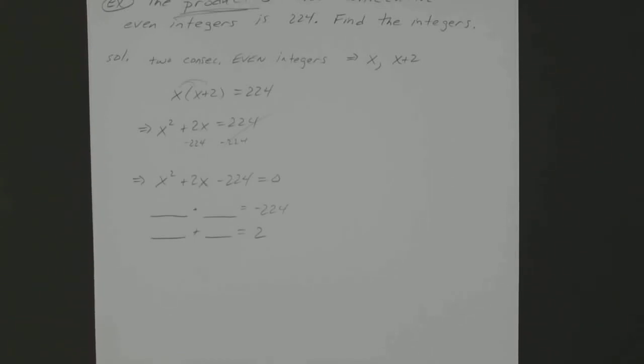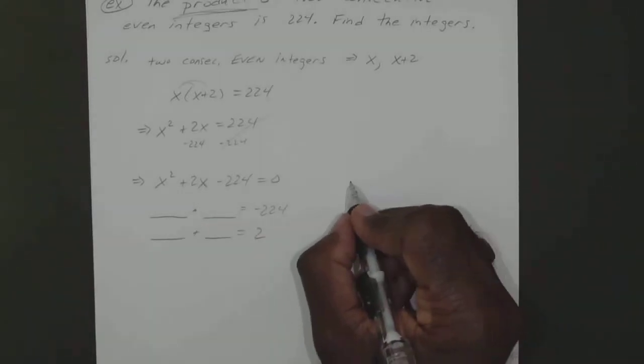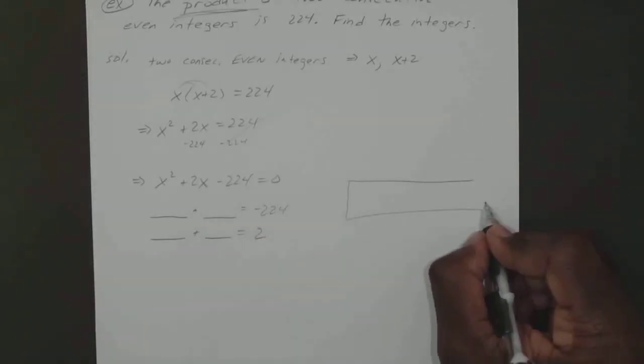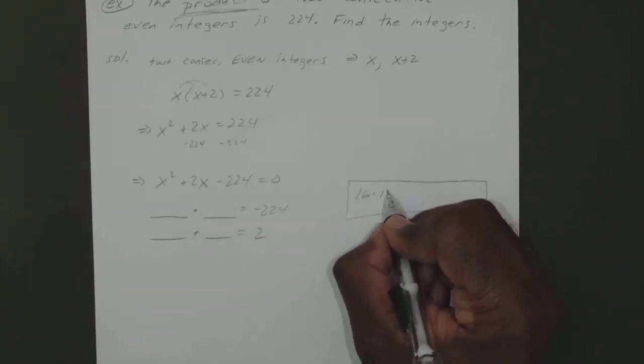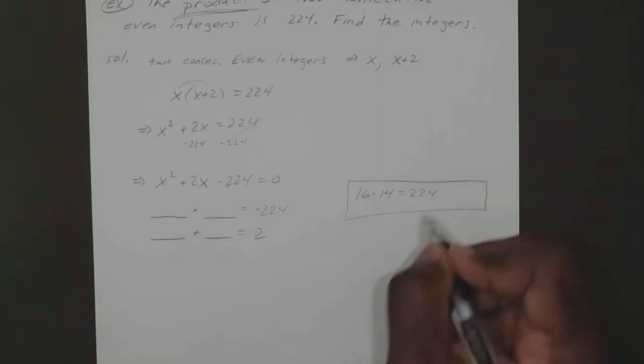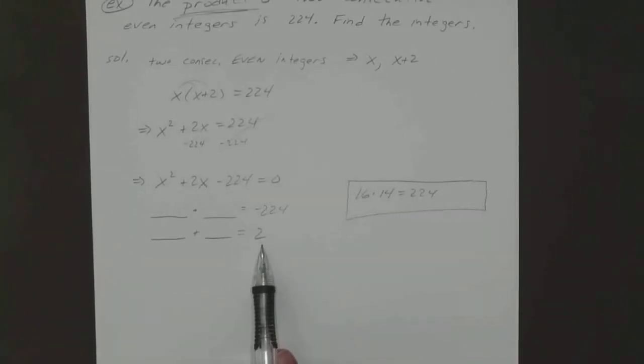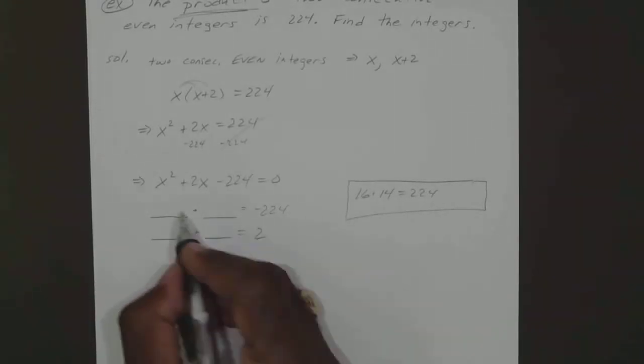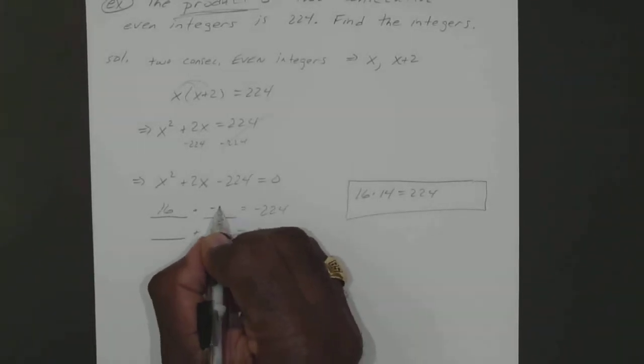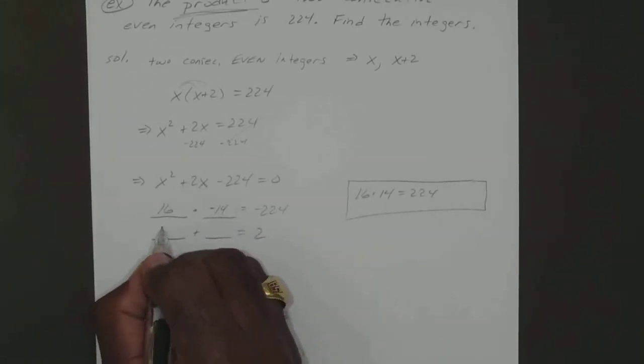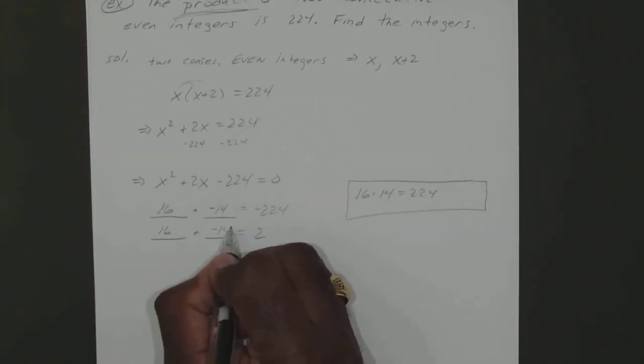And through a little bit of trial and error, you find out that 16 times 14 is 224. Okay? Since the sum is positive, the 16 is going to be positive. So you have 16 times negative 14 and 16 plus negative 14.